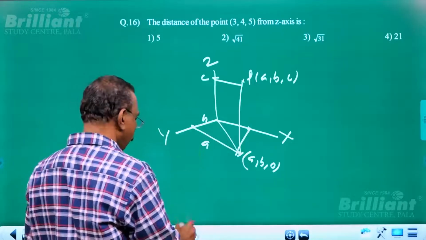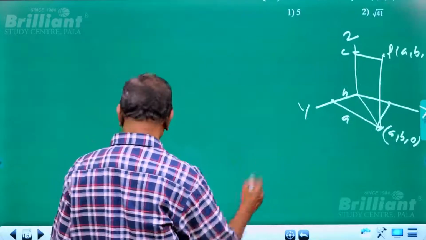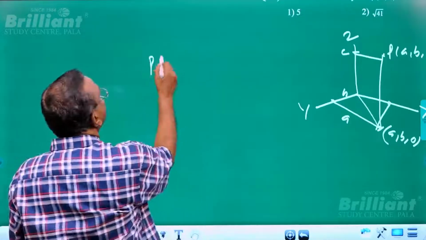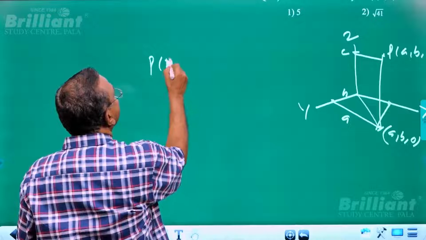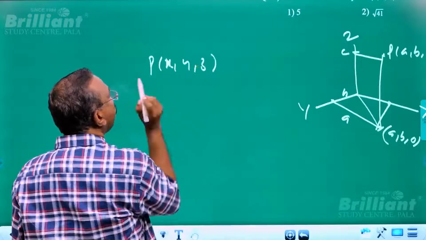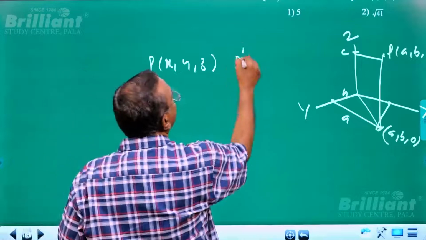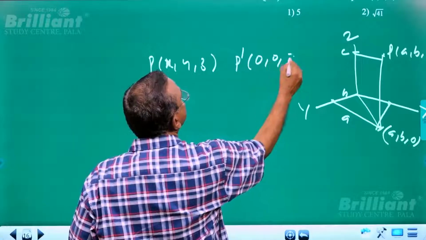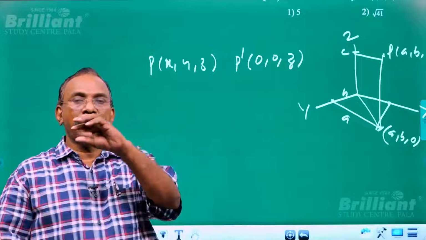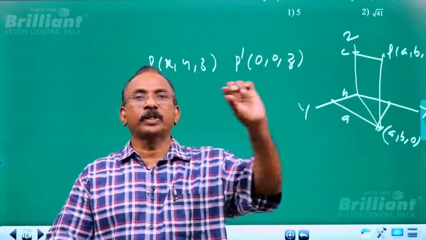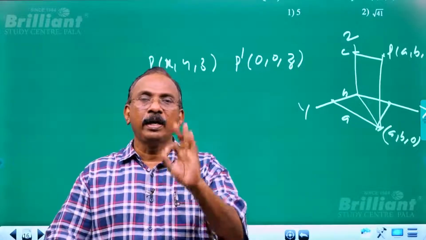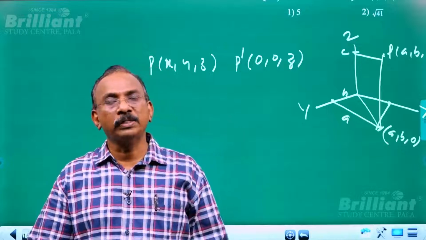Taking the simple situation, if the point is P(X, Y, Z), then the projection of any point on the Z axis is P dash, equal to 0, 0, Z. When you take the projection towards the Z axis, definitely its X value and Y value are 0.